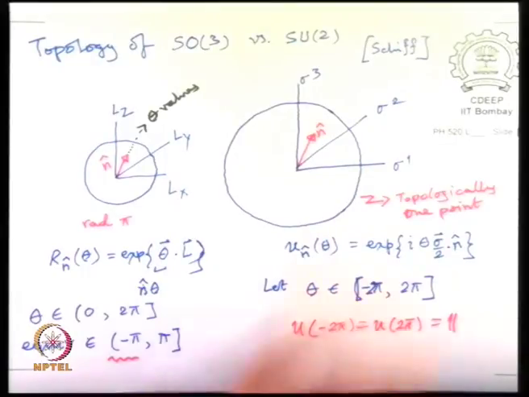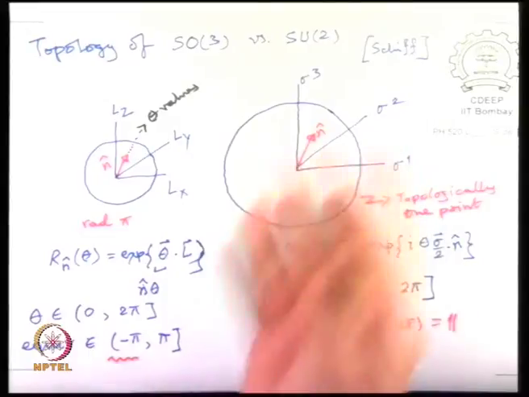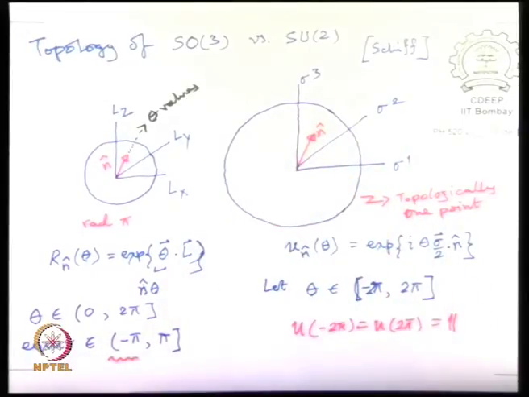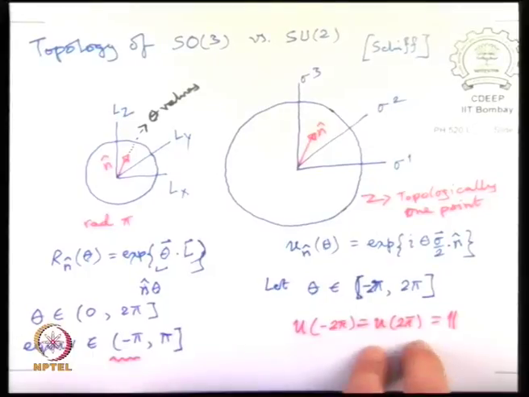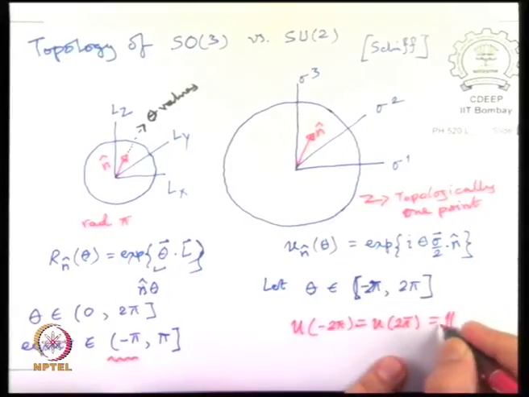It is just a limitation of our visualization in 3D, in fact drawing it on 2D, that we think of these as distinct points, but mathematically they become just one point. In the group sense, they are one and the same object. Okay, they are the same point, the same element of the group, minus the identity.